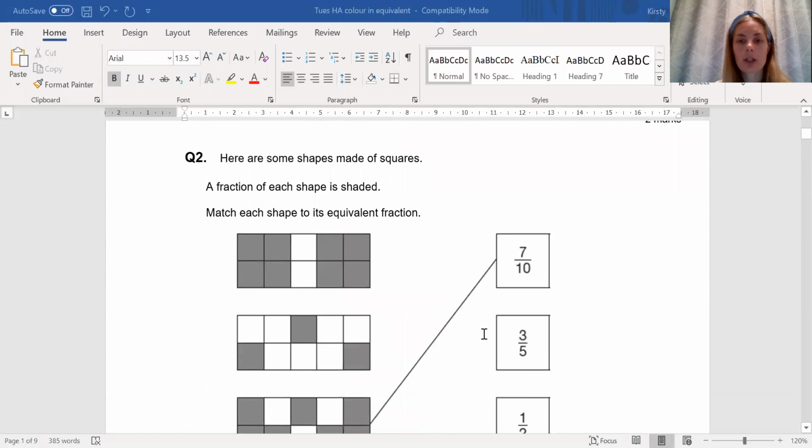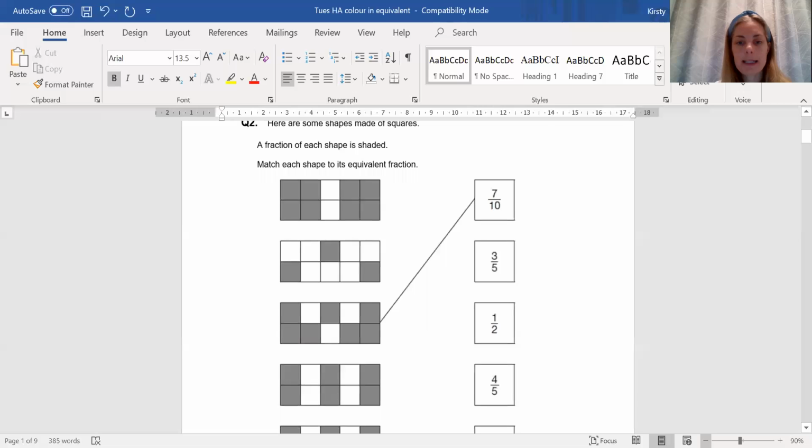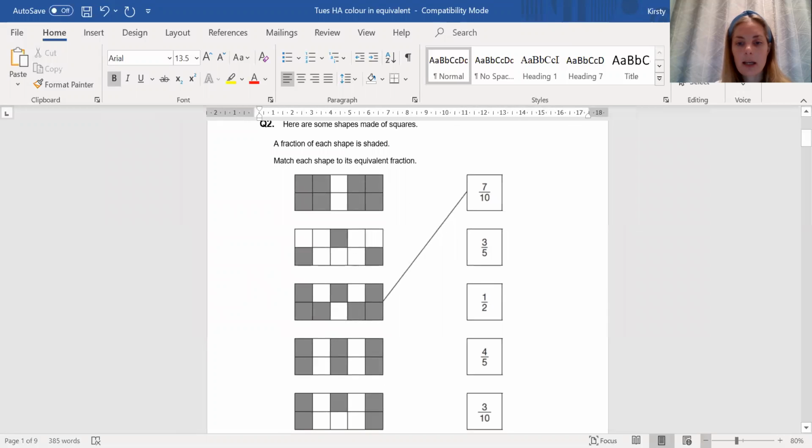Right, here's question number 2. Can you please match the picture to the fraction? So again, go and write down the fraction. How many is this? If I count 1, 2, 3, 4, 5, 6, 7, 8. I've got 8/10.